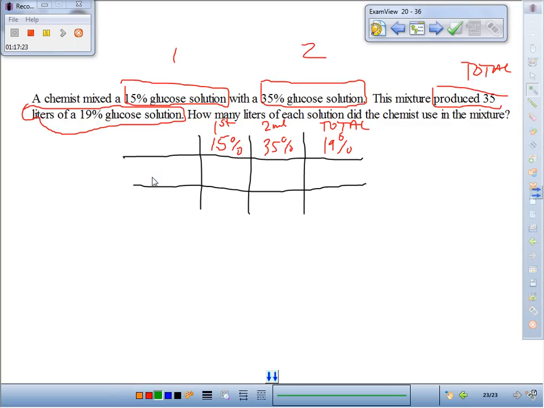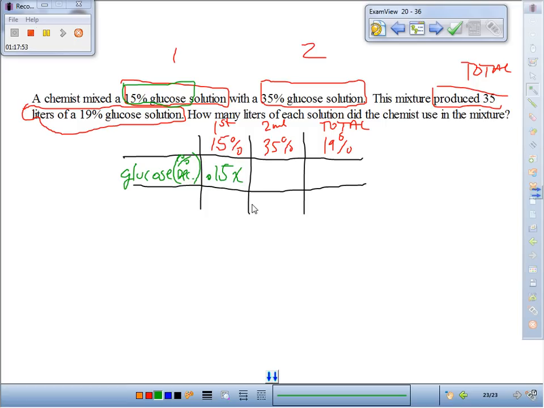So our first line right here is going to be using the percentage for the glucose. So we're going to write glucose, and we're going to use percent, but we're going to use decimals. So, how can we write 15% as decimal? 0.15. Do we know how many liters?